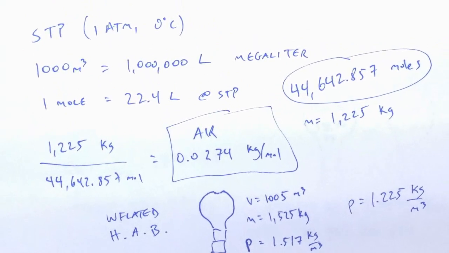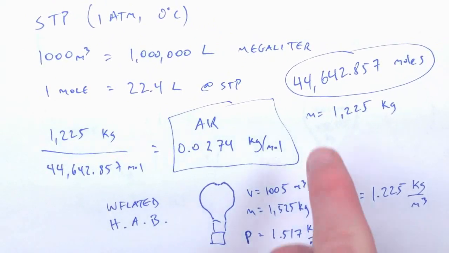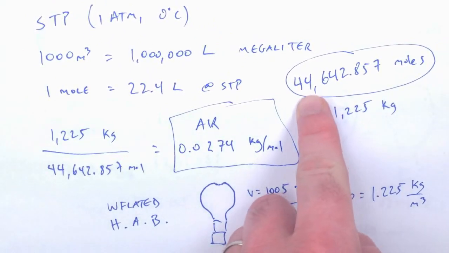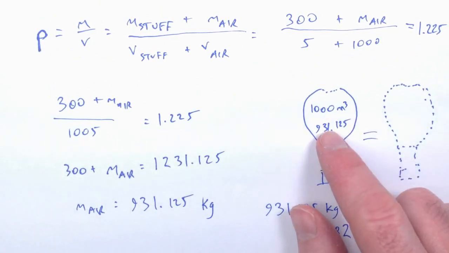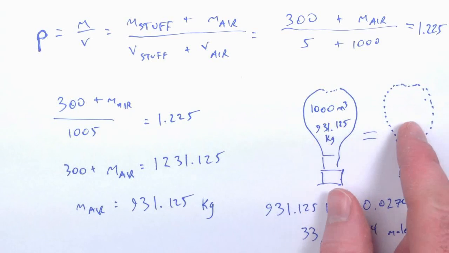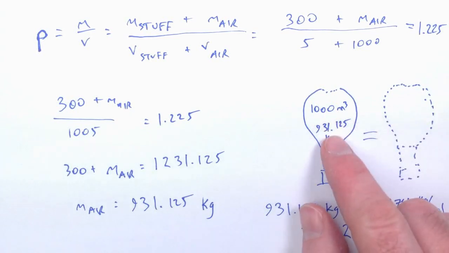that same volume of air at STP contains 44,600 some moles. So from 44,000 down to 33,000, we've actually evacuated about a quarter of the air. In order for this hot air balloon to have the same density as just the air, you can only have 3/4 the amount of air in there.